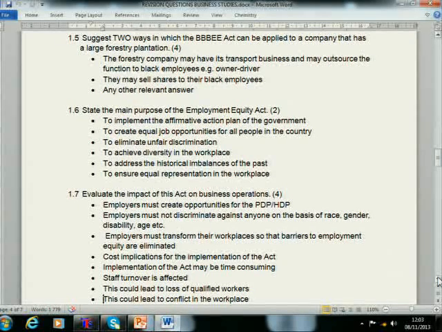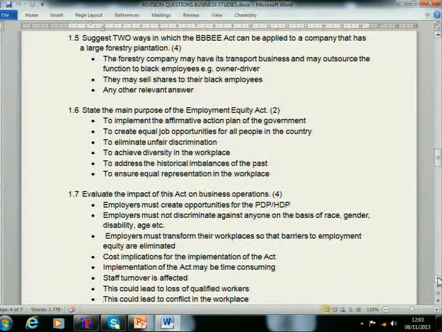It should not just appear as an act. It should be practiced. They must transform their workplace so that barriers to employment equity are eliminated. Anything that can make it difficult for equity to be realized in the business must be taken care of by employers so that everybody feels free, everybody is treated fairly in the workplace.